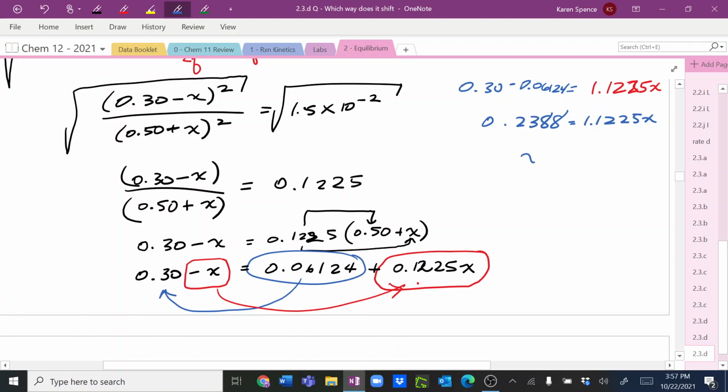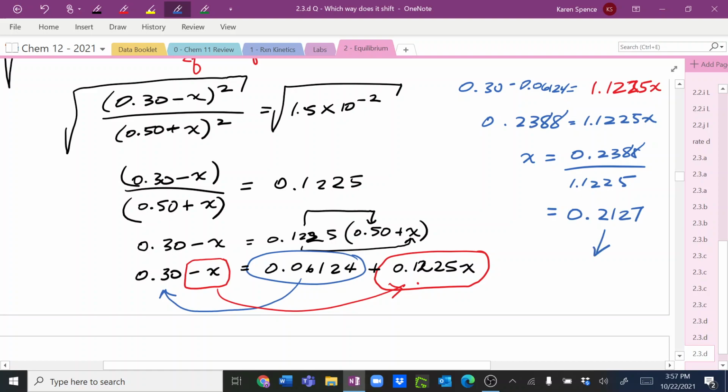Now I'm just going to bring x over here and do the division. 0.2388 divided by 1.1225 equals 0.2127, which, well, let's see, I have an x.